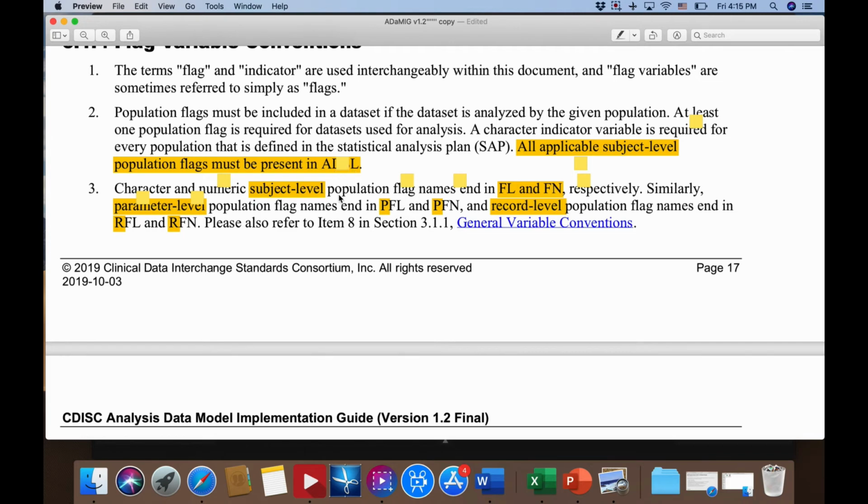Okay? For the character and numeric subject-level population flags, they end with FL and FN. For parameter level it is PFL or PFN. The record level is RFL and RFN. So be aware of those naming conventions.